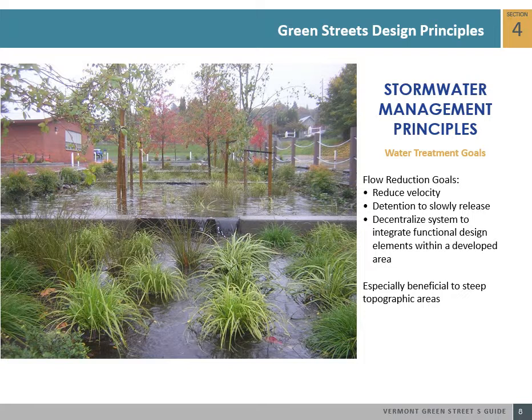Integrating functional design elements such as rain gardens, pervious paving, and green roofs in a decentralized system addresses flow reduction within a developed area. Naturalized surfaces can help slow the flow by mimicking the natural hydrological cycle. Achieving this goal may be especially beneficial to a community with a steep topography that contributes to accelerated velocity of flow.